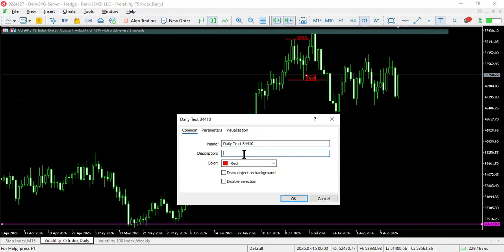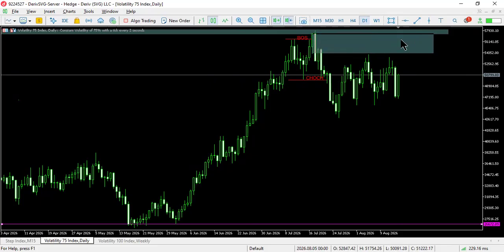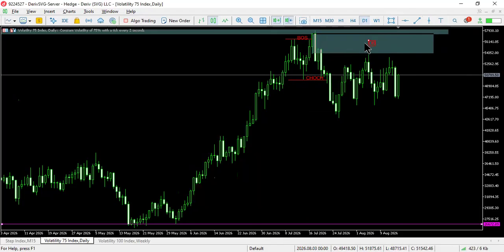Now the sellers are trying to step in. We have a change of character or market shift. And then the order block which caused this change of character, it is that order block. And then we have a swing low here.